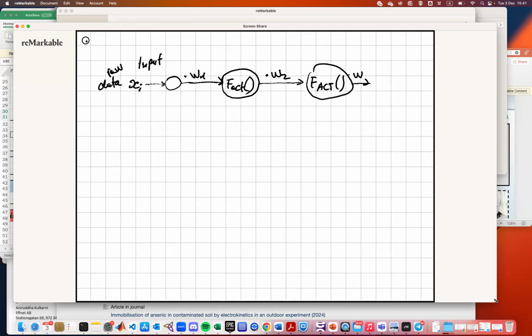So again, weighted, and passed to the final activation function, and further to the output.